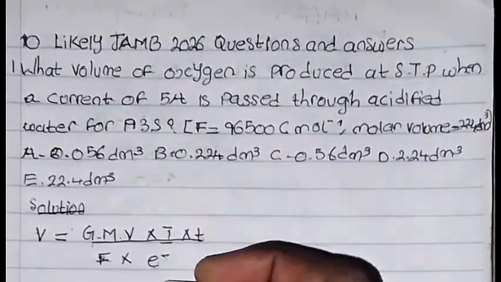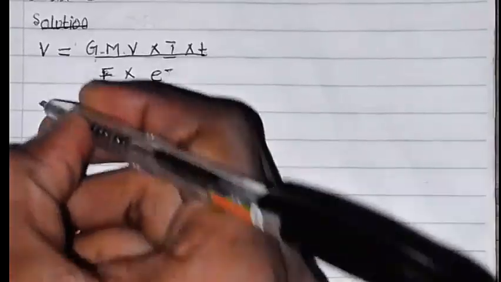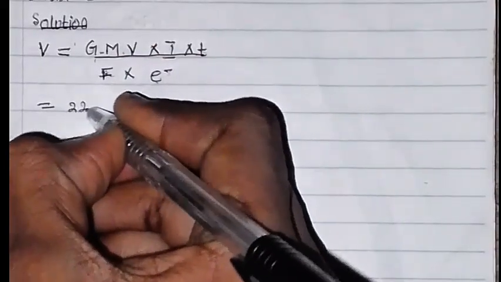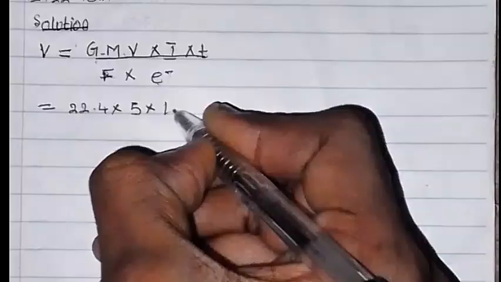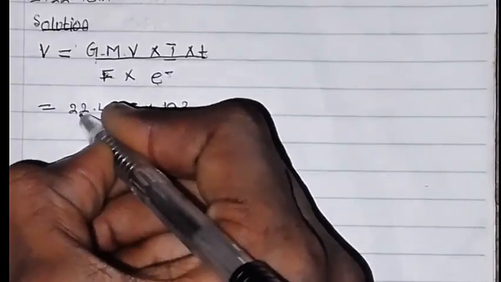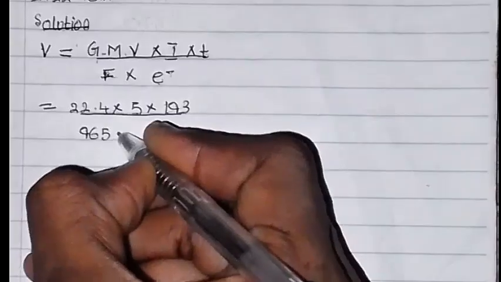Now let's plug in our values. They asked us to find volume in dm³. GMV is 22.4, that was given. Current was given as 5, time was given as 193 seconds, Faraday's constant is 96,500.